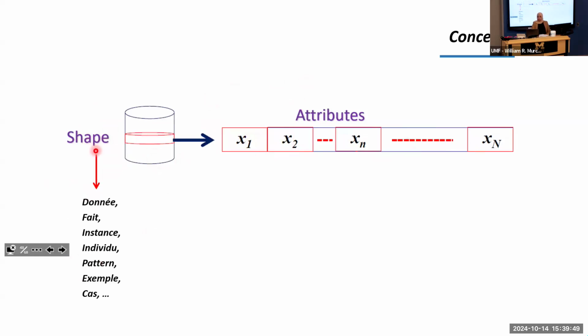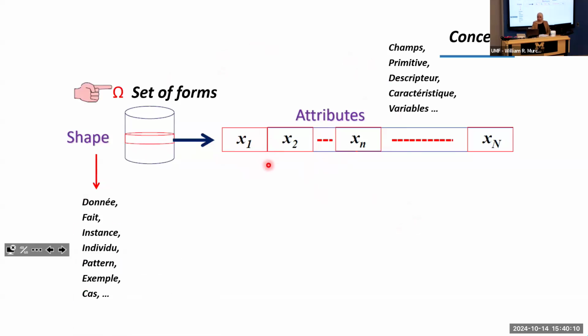It has many other names, example, case, fact, okay? And attributes could also have different names, like characteristics, variables, descriptors, and so on. So don't feel confused if you see this.